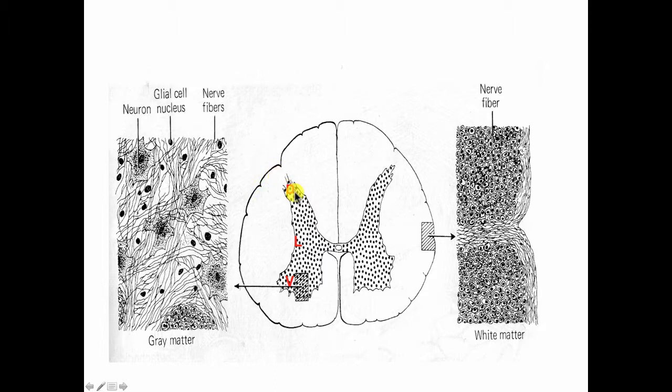Sensory nerves enter the dorsal horn, synapse with interneurons as well as neurons going up and down the spine, and the ventral horn contains the cell bodies shown here of giant motor neurons, glial cells, as well as both myelinated and unmyelinated nerve fibers. The white matter, by contrast, shown here, contains only myelinated and unmyelinated nerve fibers, and of course this is connective tissue of the pia mater, which we'll look at a bit later.